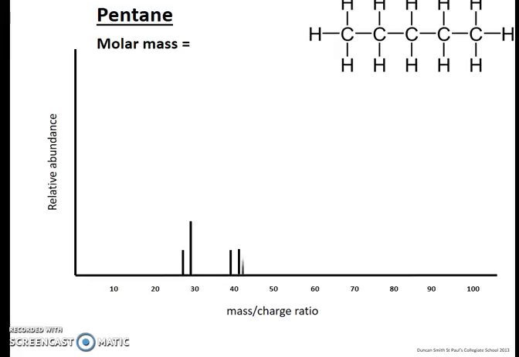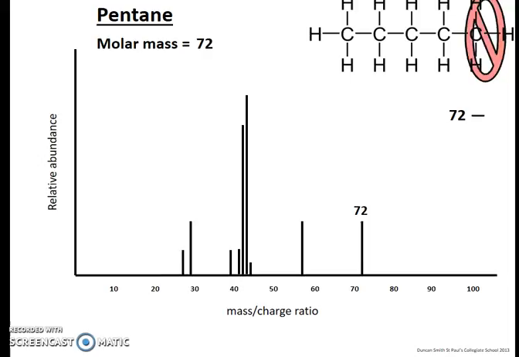Okay, so let's have a look at something a little bit bigger. We've got pentane. Molar mass, 72. Molecular ion peak at 72. We will lose the methyl group, molar mass of 15. That's going to give us a peak at 57. We could then also have another fragment which splits off the next bit, and so we could also have a peak at 43.